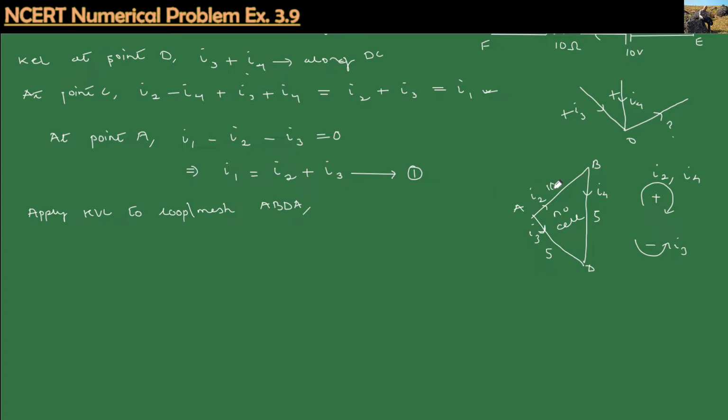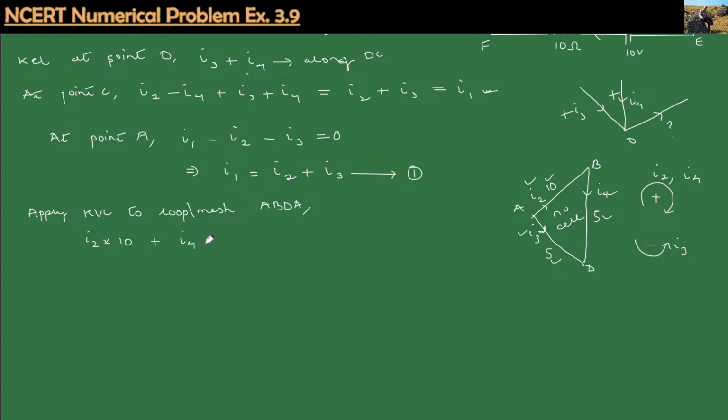KVL means multiplication of current and resistance. So from here, the first equation will be, let us multiply current and resistance: I2 into 10, plus, then the voltage drop across branch BD will be plus I4.